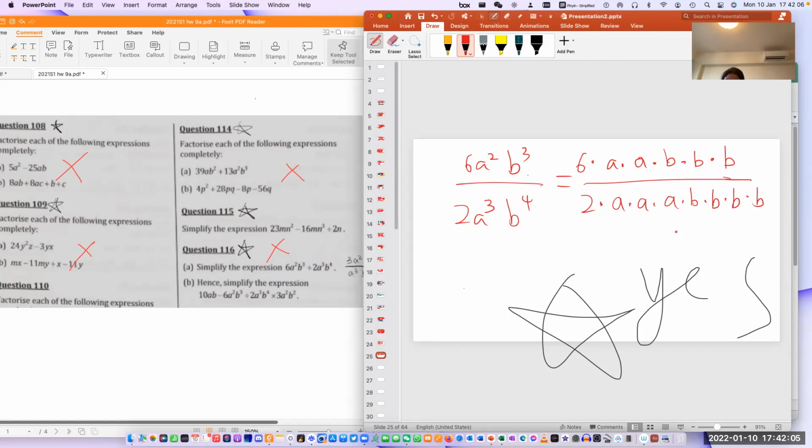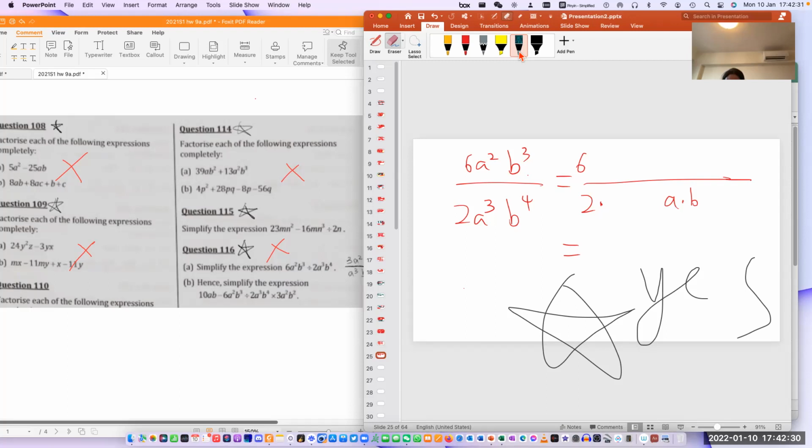All right. So after the expansion, for both the numerator and the denominator, you can start to see that you can cancel 2a here, and you can cancel 3b here. I can use an eraser here, it makes my life easier. So you end up with this one.